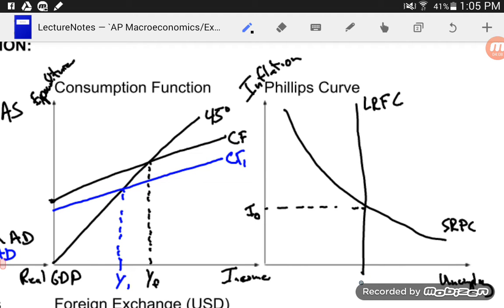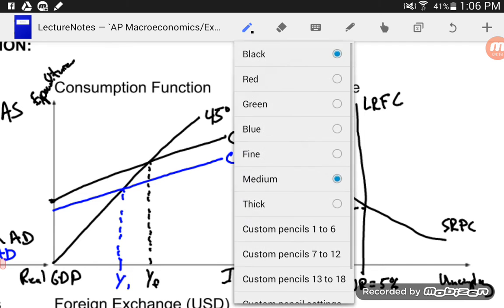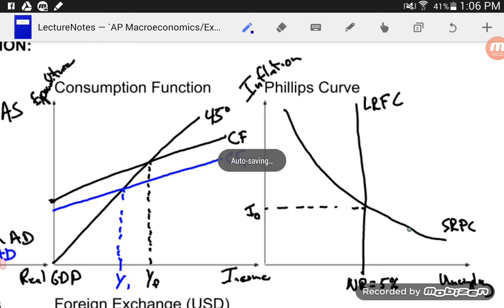And our unemployment rate was at full employment, so we'll call that the natural rate of, say, 5%. What happened, we went into a recession, so of course unemployment went up. And now we have an unemployment level of, I'm just going to say greater than 5%. And we have probably decreasing inflation. So the quantity of unemployment is greater than 5%. I'll just label that as Q1. So our unemployment went up.